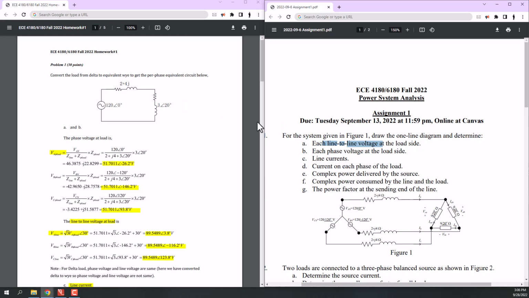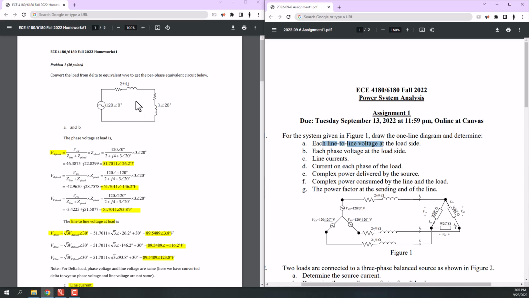The load side voltage would be the voltage over this impedance. So we have two solutions for part A. We can obtain the current through this circuit and after that calculate the voltage over this impedance. Or the other method is that we know that there are two impedances here, the transmission line impedance and the load impedance.